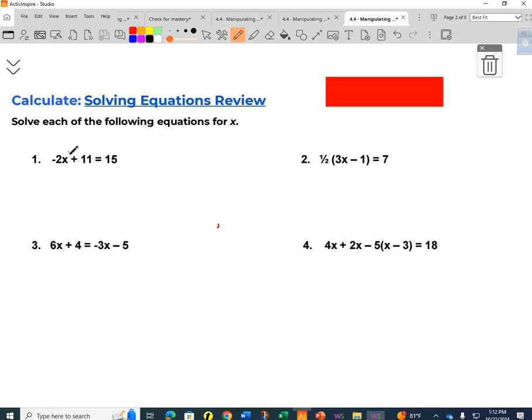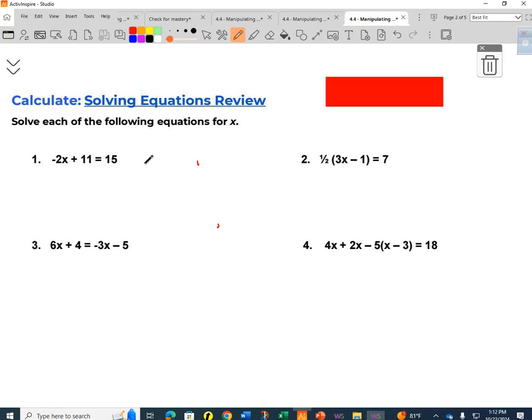So when we're solving an equation, we're isolating the variable. We can solve any equation if we only have one variable, right? We are manipulating that equation, even though it's not a literal equation. We are moving things around to get the variable by itself. In order to do that, we need to know what's happening to the variable.